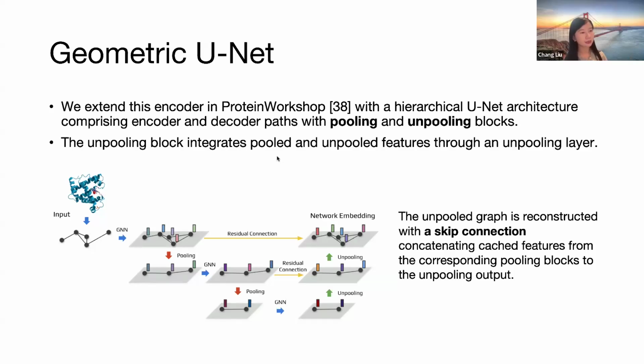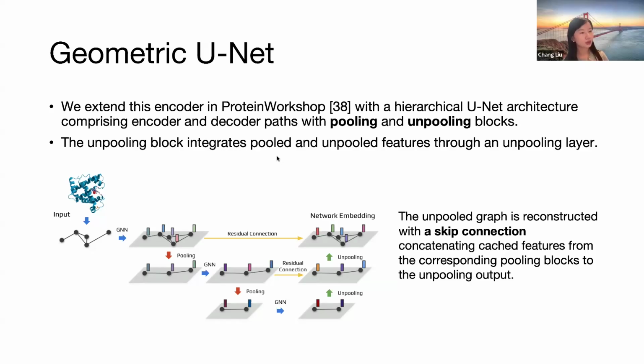We mainly implement the newly introduced UNet architecture into the encoder phase of protein workshop. This UNet architecture comprises an encoder and a decoder path with pooling and unpooling blocks. The unpooling block integrates pooled and unpooled features through an unpooling layer.